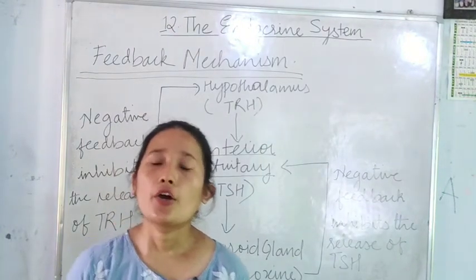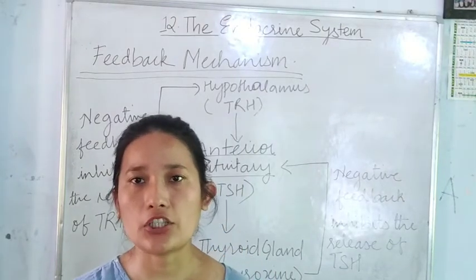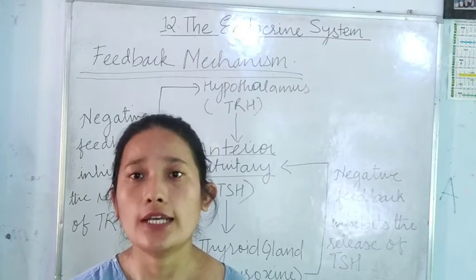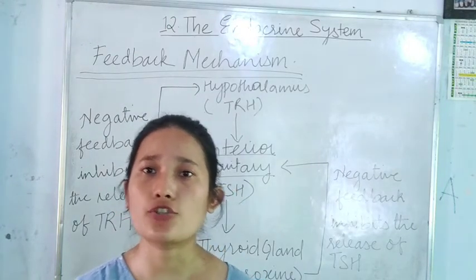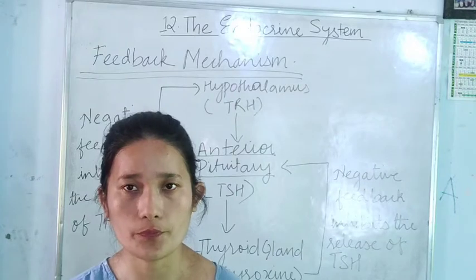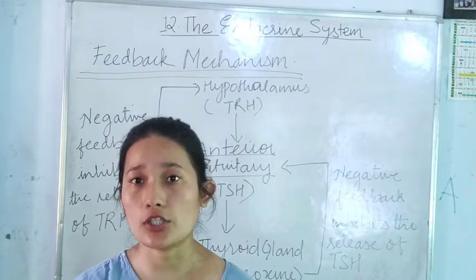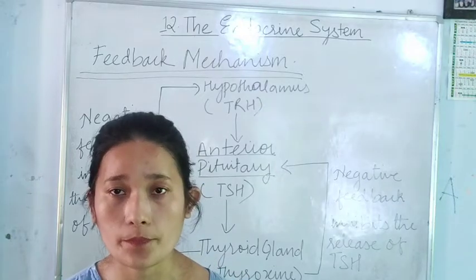If the hormone is secreted in too high an amount, the message is sent to the gland that it has to be secreted in a lower amount. Or if it is in a low amount, a message is sent that the body needs some more hormone.